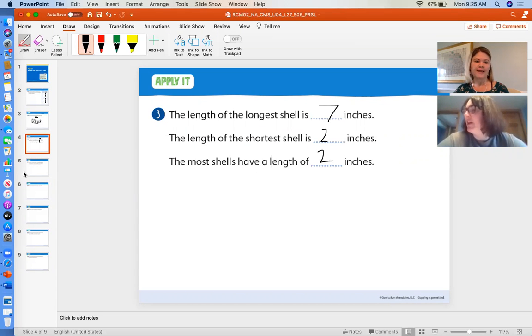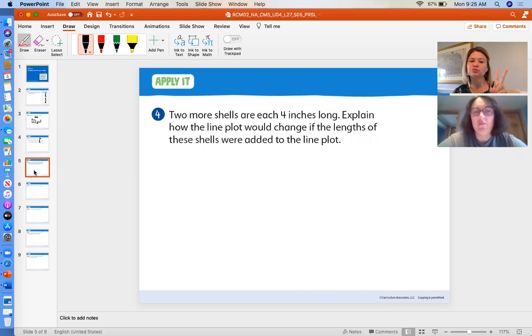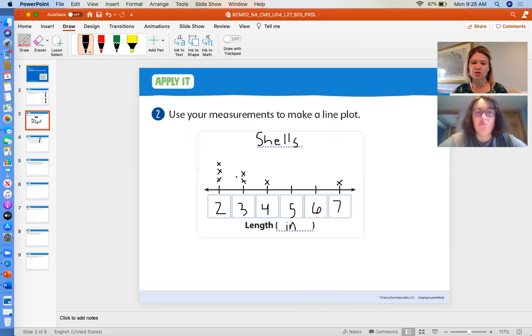Very good. Okay. Number 5 says 2 more shells are each 4 inches long. Explain how the line plot would change if the lengths of these shells were added to the line plot. So let's go ahead and just add them. They said 2 more. 1, 2. So what did we do? We had to add 2 more X's to the number 4.